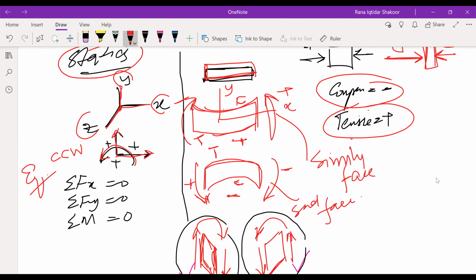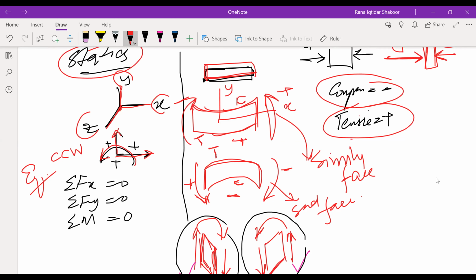The top surface is always in tension, and the bottom surface, the inner surface, is always in compression, right? So by the end of the day, you can say this is a smiley face, and this is a sad or frowning face. Whenever you have a smiley face, obviously you can say that is a positive bending, and whenever you have a sad or frowning face, then you can say that is a negative bending, right?